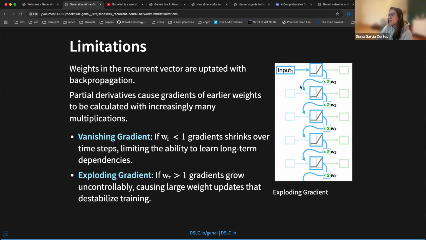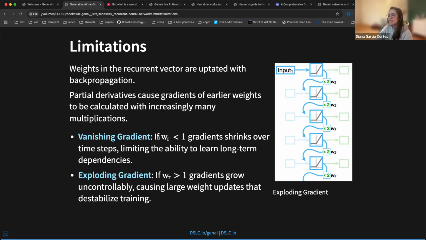As we saw in the vanilla neural networks, the training part requires us to have the partial derivatives, and the partial derivatives usually have terms that multiply the value of the weights. And with these multiplications, we can have two different phenomena.